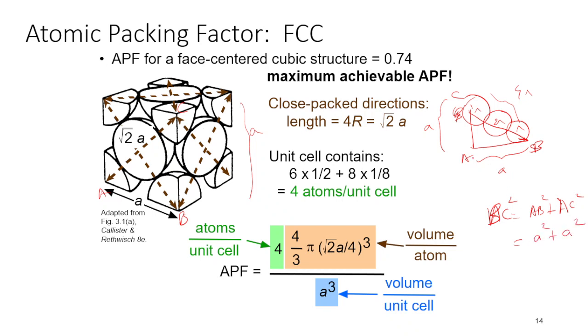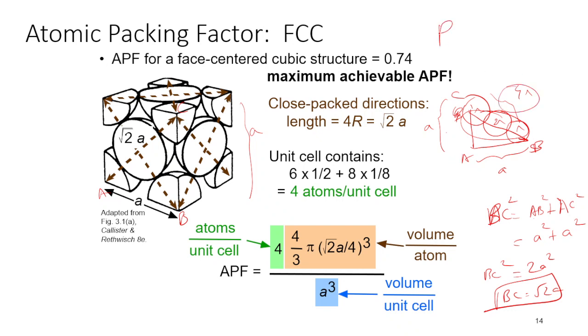Is it not? A square is A and A. So AB is A square, AC is A square. The answer is 2A square. And BC is equal to root 2 A. Now we have found the hypotenuse value of root 2 A and 4R.